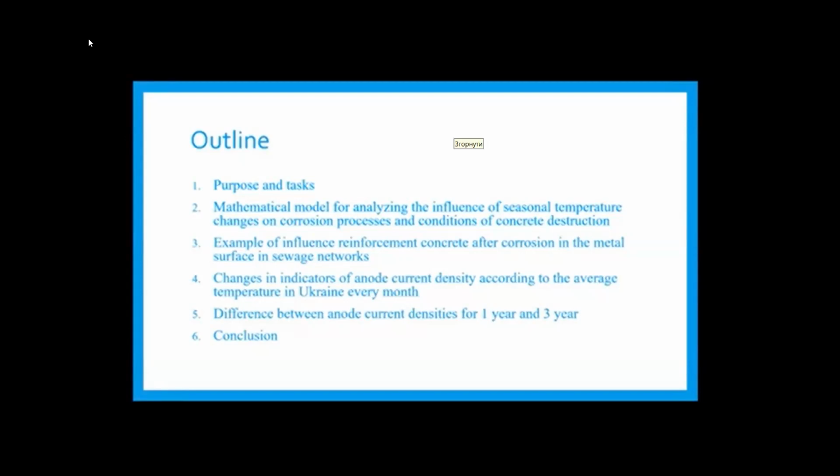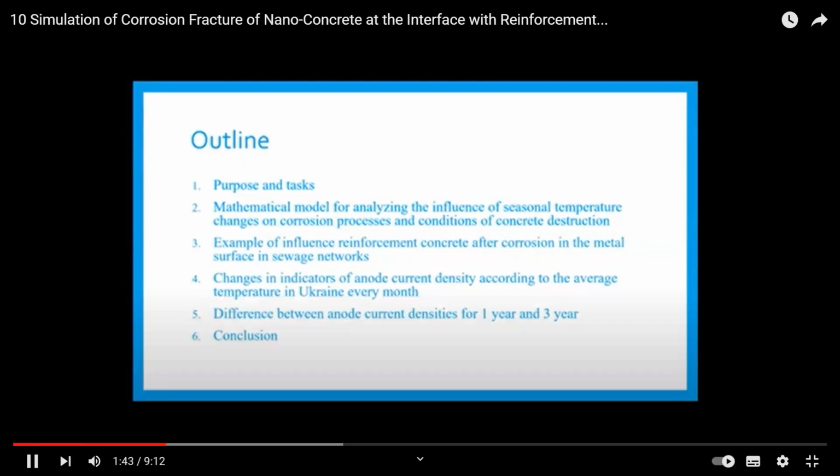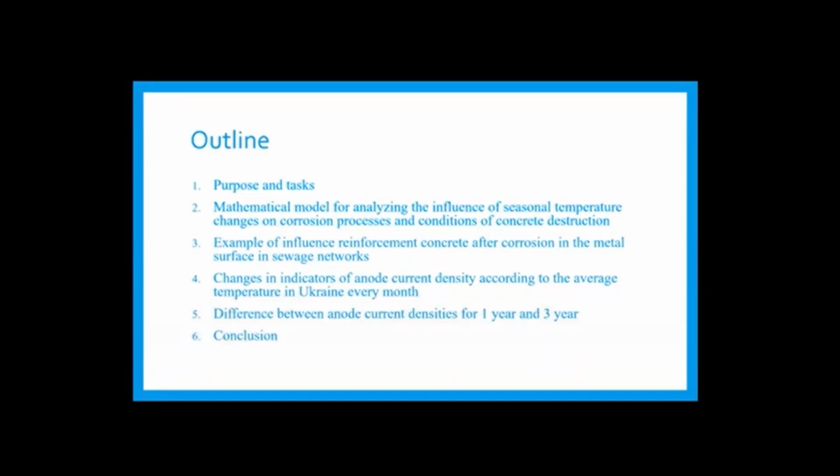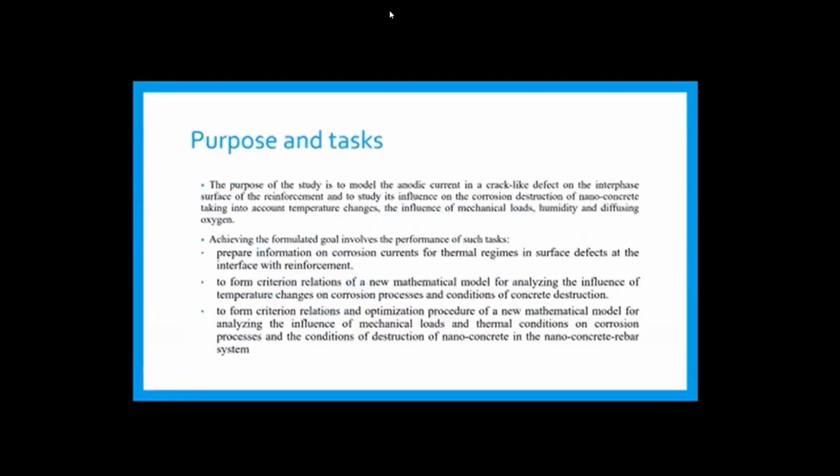The next one is an example of influence on reinforced concrete after corrosion on the metal surface in a sewage network. After that will be the topic of changes in the indicator of anode current density according to the average temperature in Ukraine every month, and some difference between this value for the first and third year. And the last topic is the conclusion.